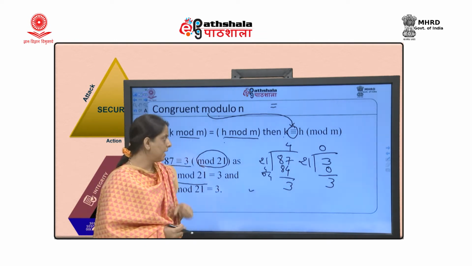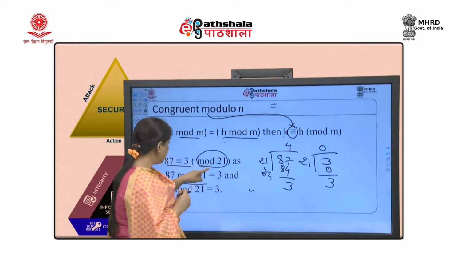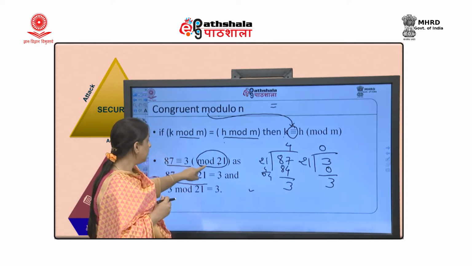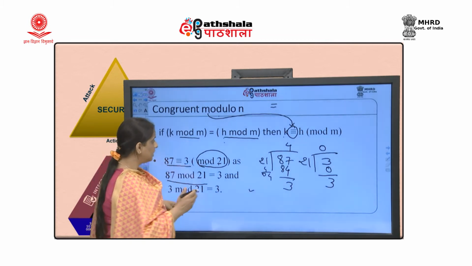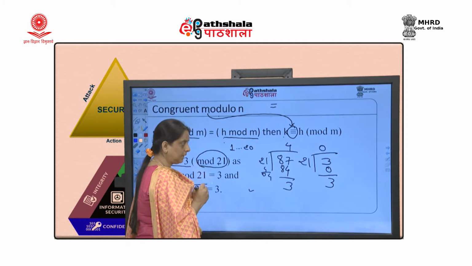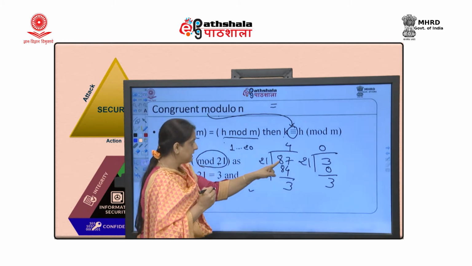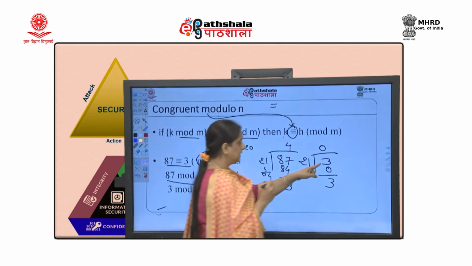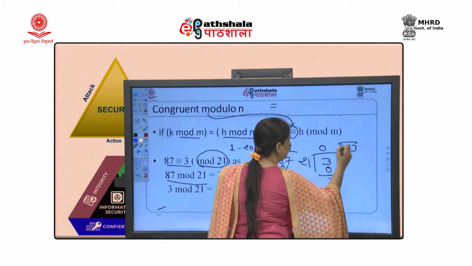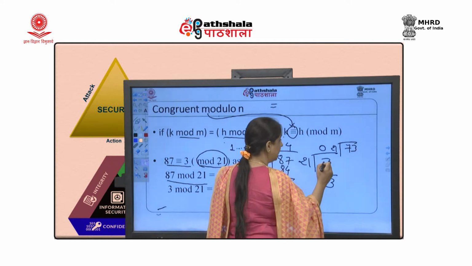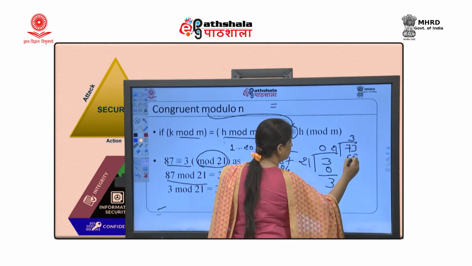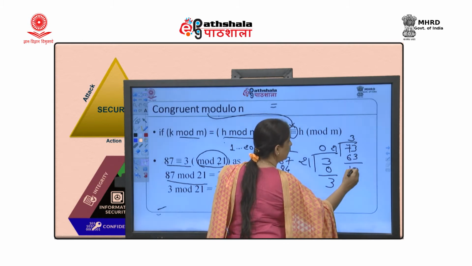To prove my point, what you have observed is, if I am using modulo 21, then my number is always going to be between 0 and 20. You can see 87 gives you 3, and 3 gives you 3. Now take an example of 73. If you divide it by 21, 21 threes are 63 and the remainder would be 10.